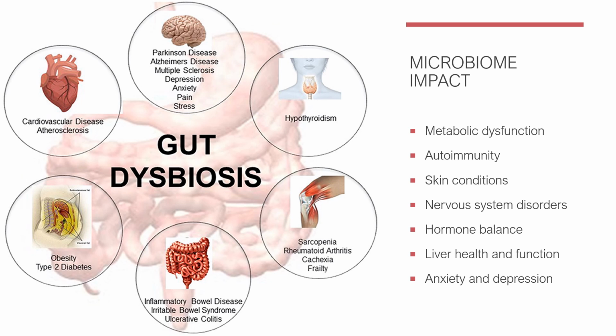Clinical research has shown that the microbiome plays a role in metabolic dysfunction, autoimmune disease, skin conditions, particularly eczema, nervous system disorders, hormone balances, liver health and function, and mood disorders like anxiety and depression.